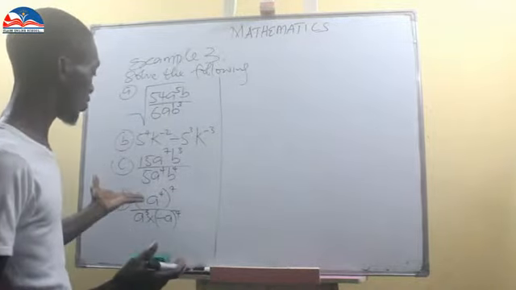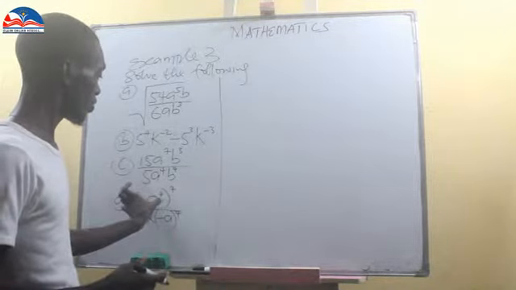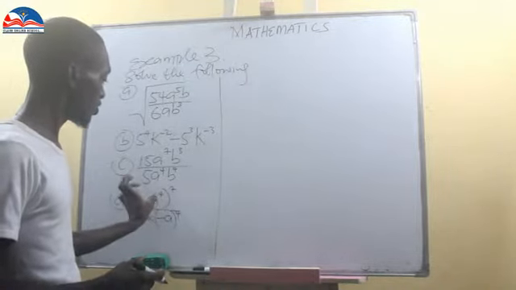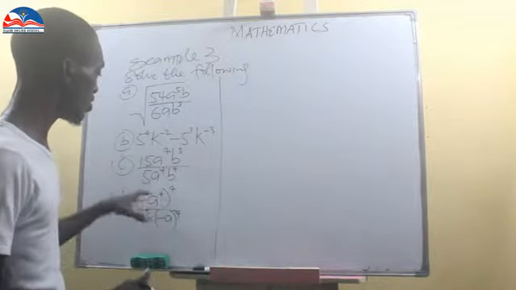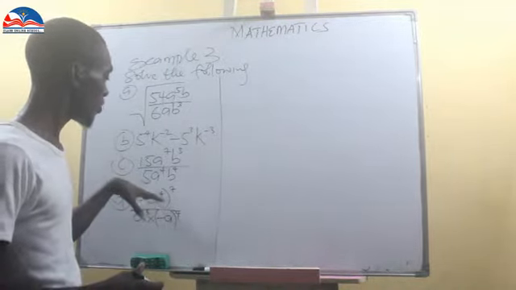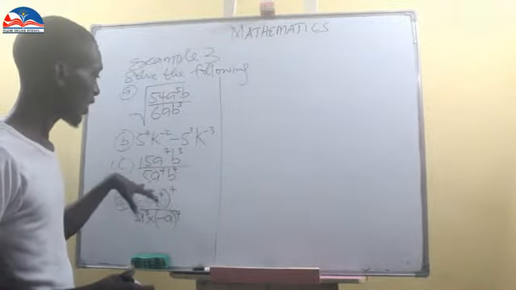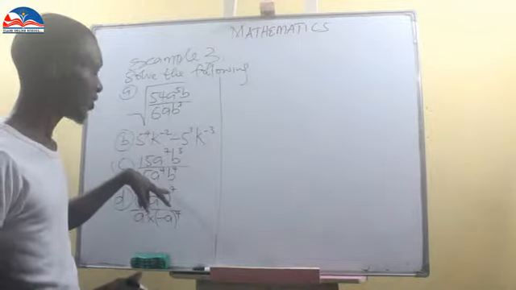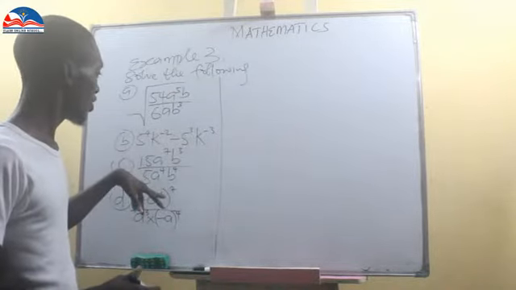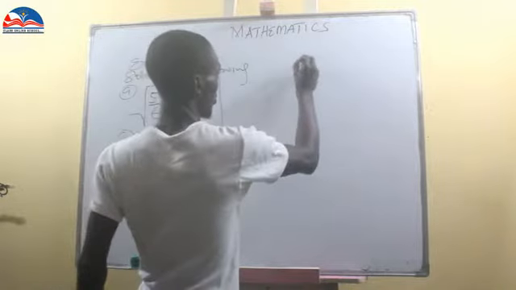Look at question number D. This is law 3: if a base is indexed in a bracket and indexed outside the bracket, you multiply the indices. Same thing. So let's look at them with the laws.